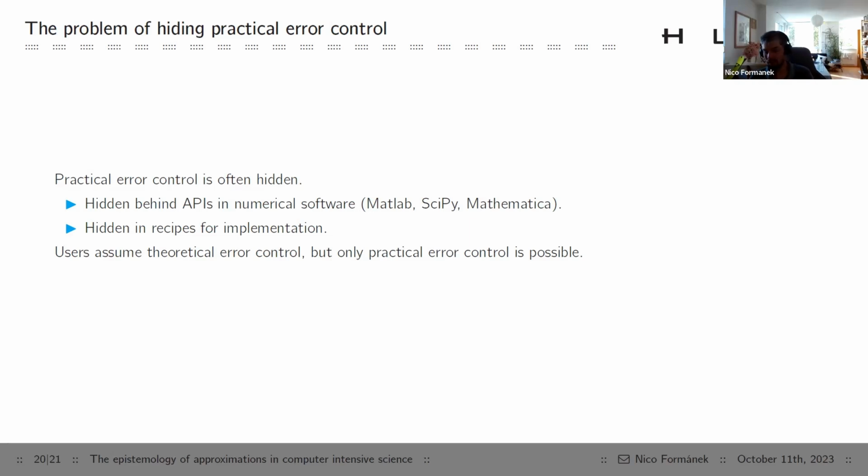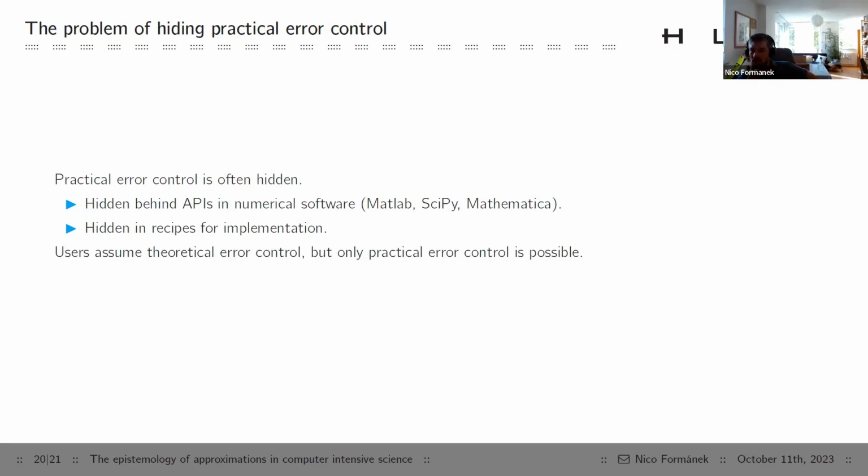right? So if theoretical error control is the case, we basically have no problem. We can hide these methods behind layers of APIs, whatever, and we can let them loose on the end user, and it's hard to abuse them. But if we have only practical error control, it's a problem if this practical error control is hidden from plain view, and it is often hidden from plain view, right?